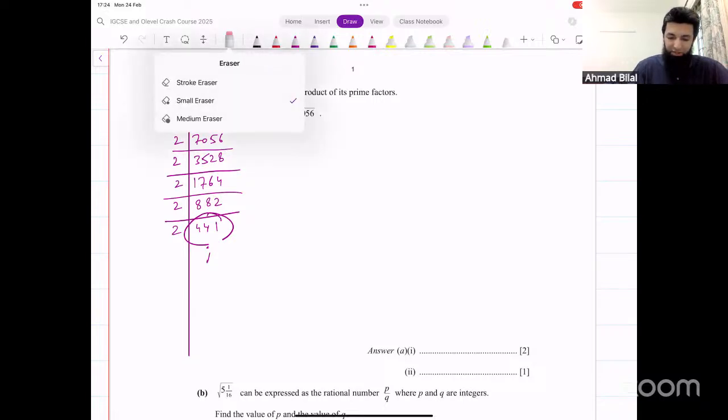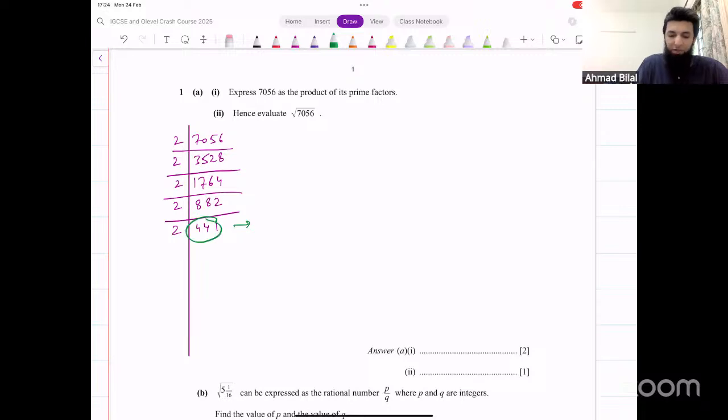So for instance, in this case, the sum of these digits, 4 plus 4 plus 1, is 9. If 9 is divisible by 3, that means this number is divisible by 3. So we can divide by 3. This rule works for both 3 and 9. You would have done this in grade 9 at some point, or grade 8 maybe.